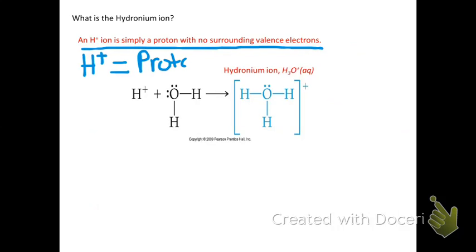Now, when an Arrhenius acid dissolves in water and creates more H pluses, what we now understand is that the water molecules are going to actually attack those protons, those H pluses, and when they do so, they form what is known as the hydronium ion.